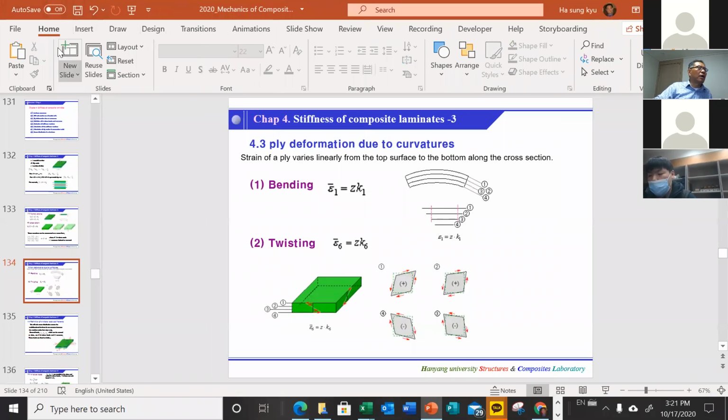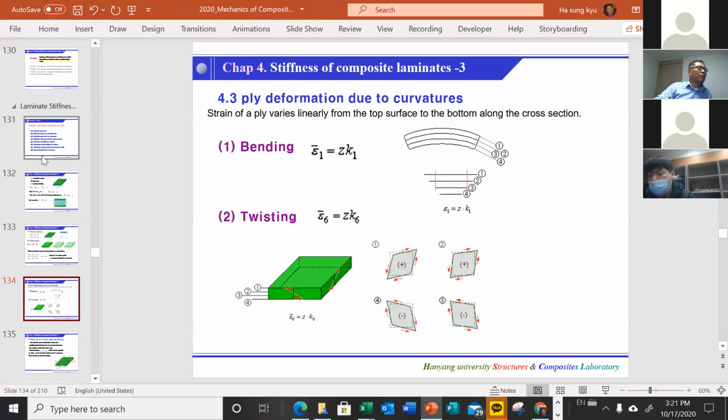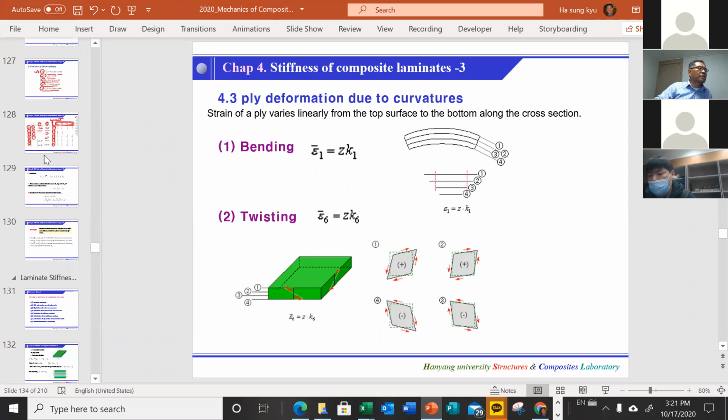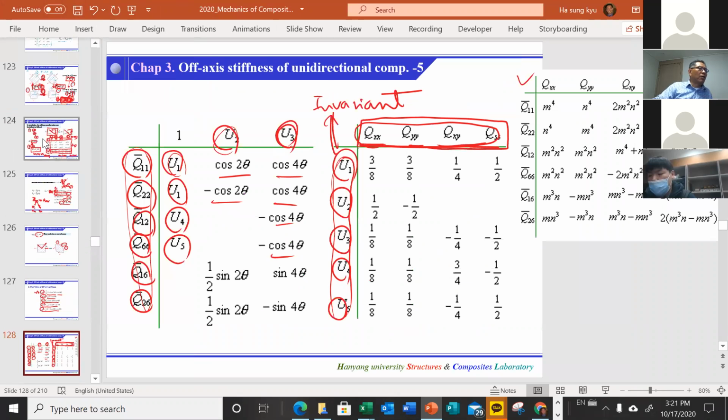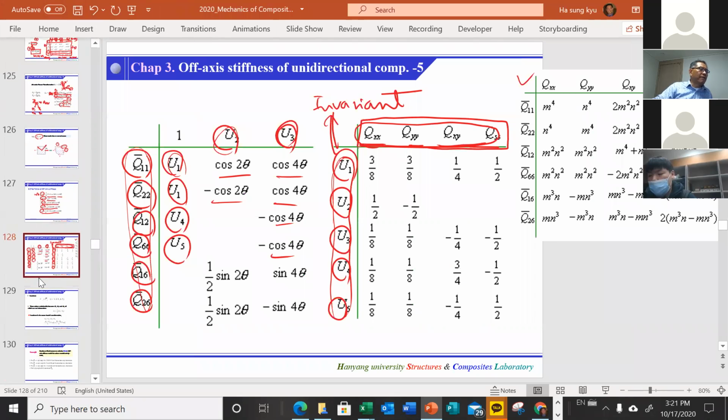Okay, so now we complete a class of how to calculate the off-axis stiffness. And of course, there are several equations and several derivations.